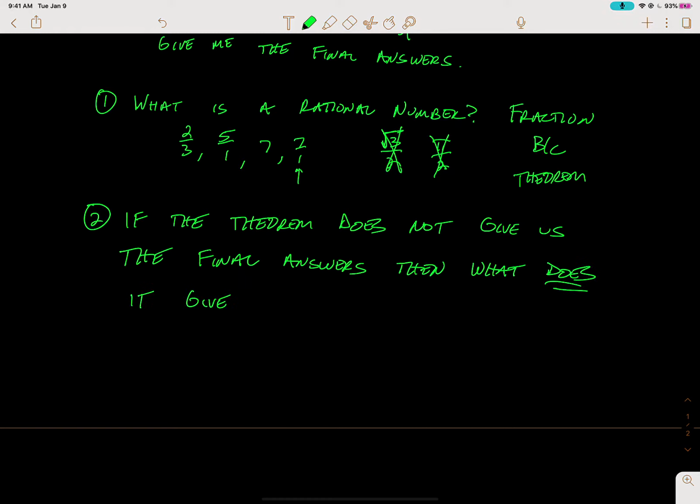Again, we're not going to use it yet. We're still trying to figure out just how it works. So for example, let's say we have the polynomial y equals x cubed plus 3x squared minus 4x minus 12.